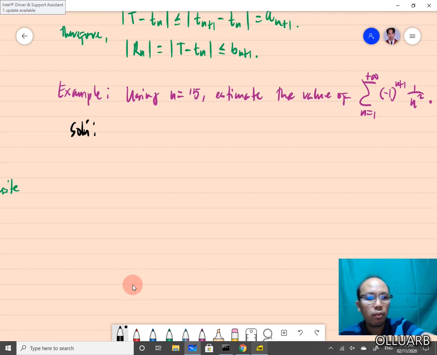Before I answer this, I made something before, a theorem with respect to the alternating series test, on how to estimate the alternating series.